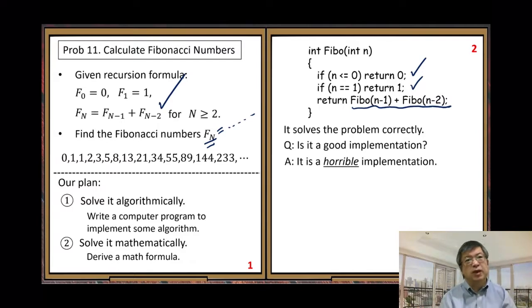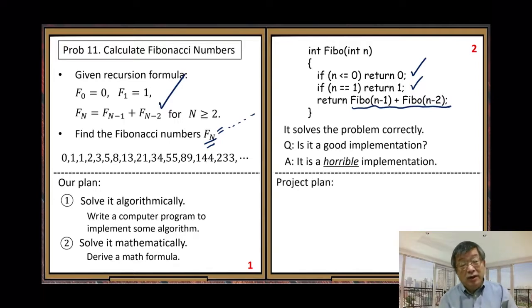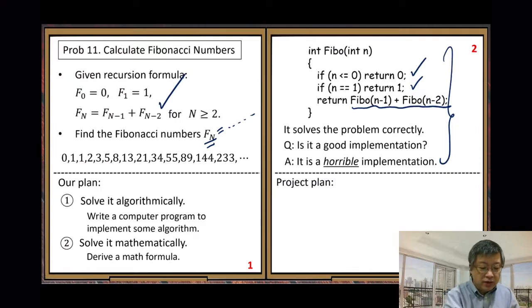But if someone likes to do some experiments, then you will see it is very slow. For this reason, I would like to give you this problem as our project number 2, calculating Fibonacci numbers. So that will be our project 2.